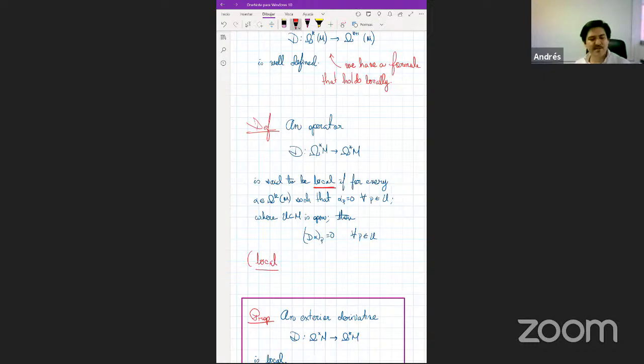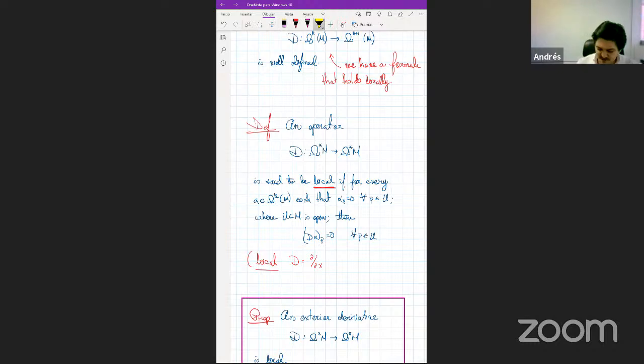The idea behind this definition is, remember, try to think of some partial derivative as a way of taking derivatives. Now, if you have a function that locally is constant, the differential has to be zero, right?